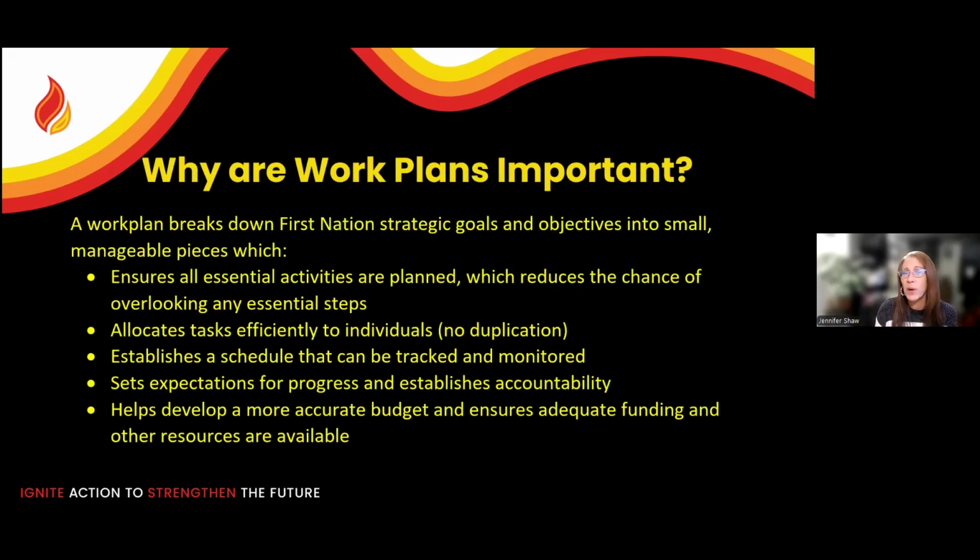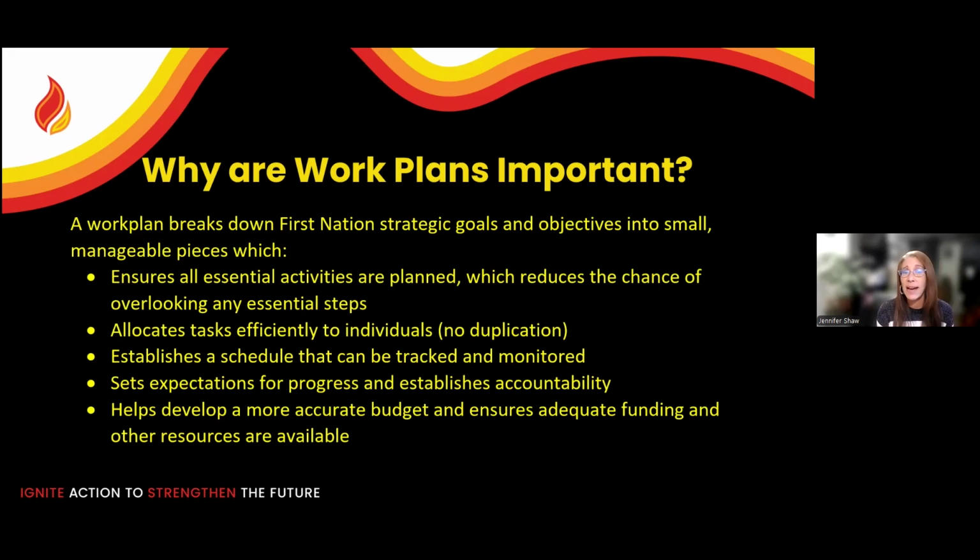So the work plan breaks down First Nation strategic goals and objectives into small, manageable pieces. This ensures that all of the essential activities are planned, reducing the chance of overlooking anything that may be essential. Again, looking at any activities where the sequence of events is important, this is very crucial for that so that they are not overlooked.